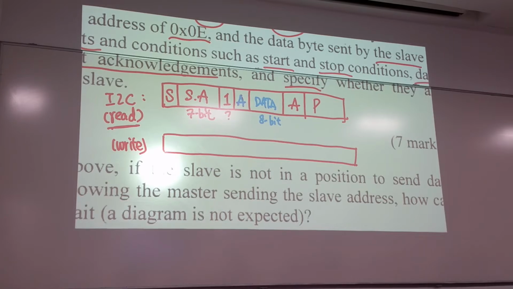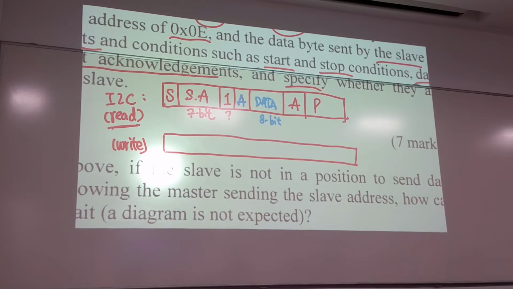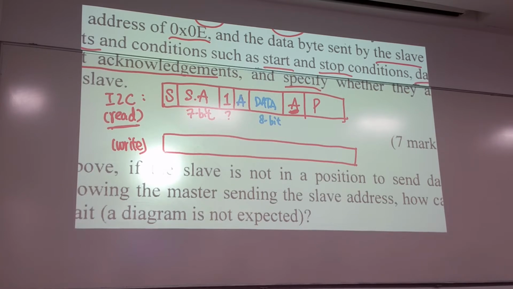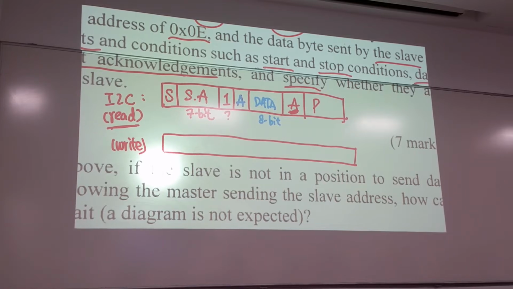I think that one is not right. The last byte received from the master should not be that. It should be another data here, because we are talking about that register. A here means your master received the byte and is acquiring more.